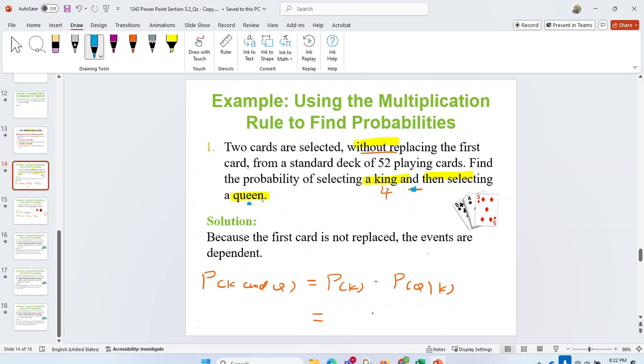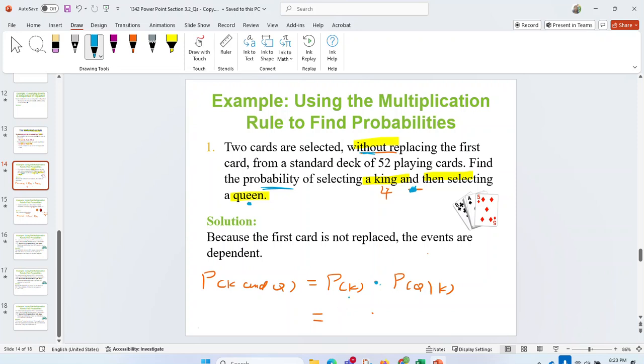There are two procedures here, so you need to multiply using the multiplication rule. These two events happen in succession, so you multiply them together. The whole thing becomes one event with two procedures. We find the probability of selecting a king and a queen, and the condition here is not replacing.